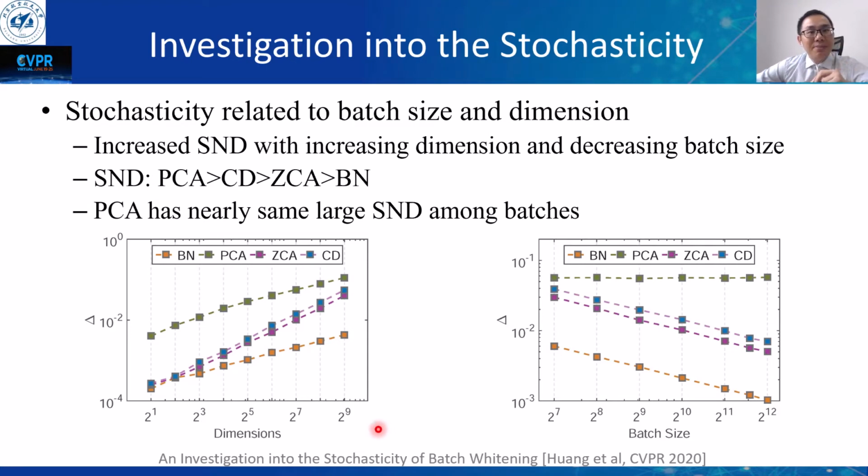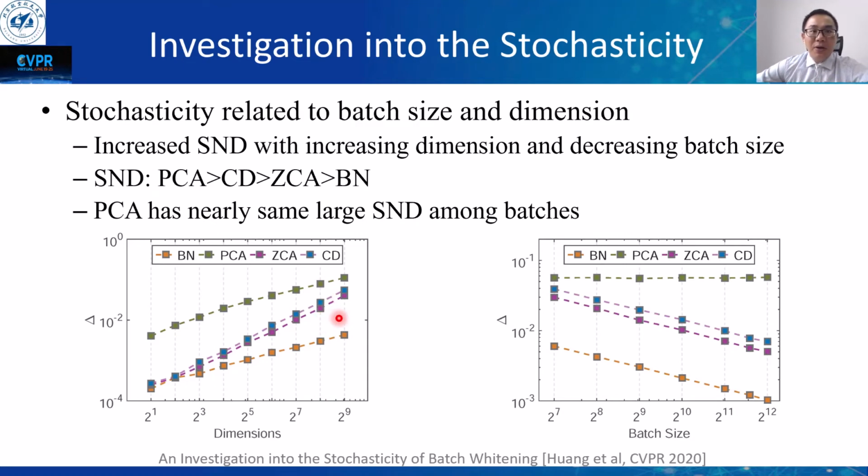When fixing the batch size, we find that PCA whitening shows the largest SND, while BN is the smallest, for all the dimensions, which is consistent with the illustrative observation shown in the previous slides. We notice that all normalization methods have an increased SND when the dimension increases. Besides, ZCA has a smaller SND than CD for all the dimensions.